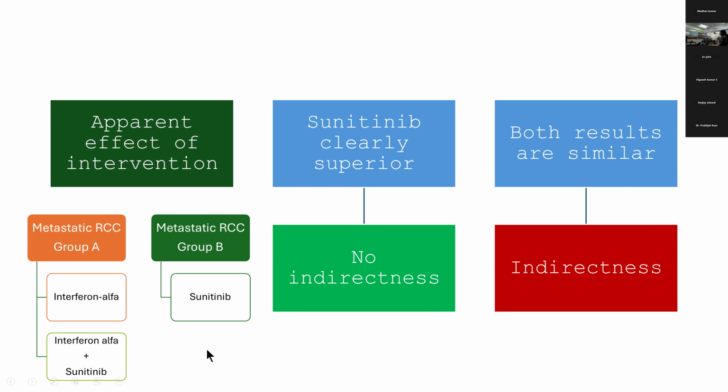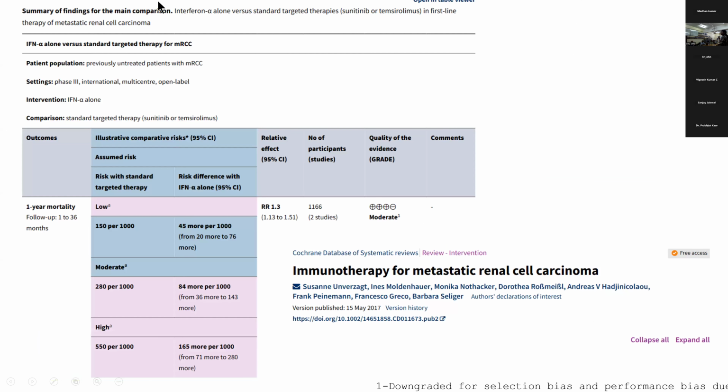But suppose you clearly get a result that sunitinib is definitely superior, then you don't have to rate down for indirectness, because even after adding sunitinib to the interferon alpha arm, you have found a difference. That means interferon alpha is really bad. So if you have a clear superiority, you don't have to downgrade for indirectness.